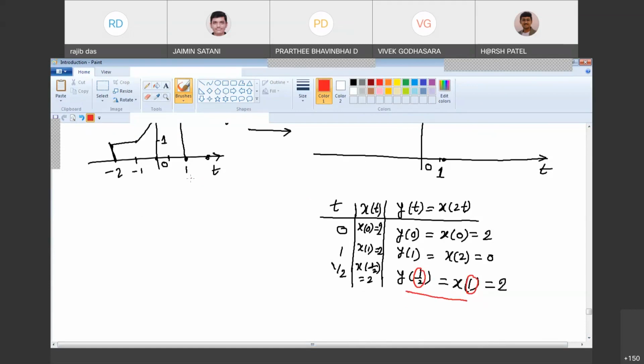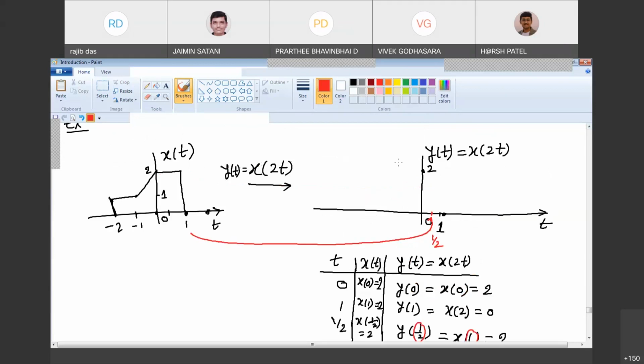So we can understand that this flatness will remain flat till half. Similarly, this minus 1 point corresponds to minus half, and this minus 2 corresponds to minus 2 by 2, which is minus 1. So I can draw the figure like this.